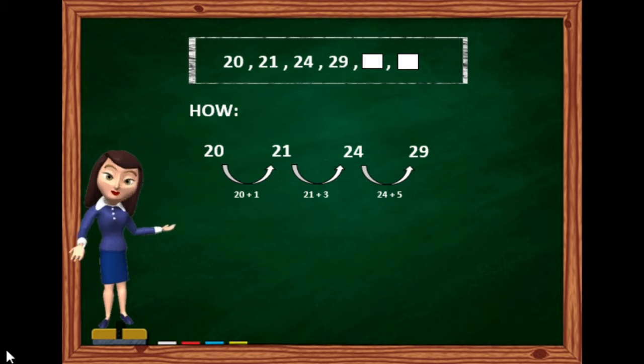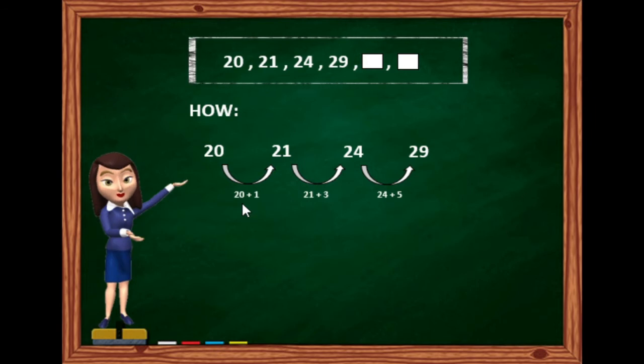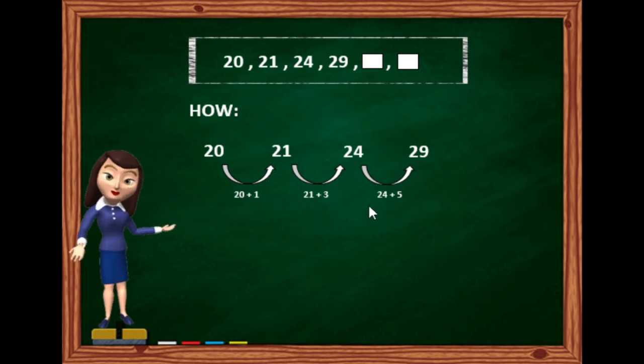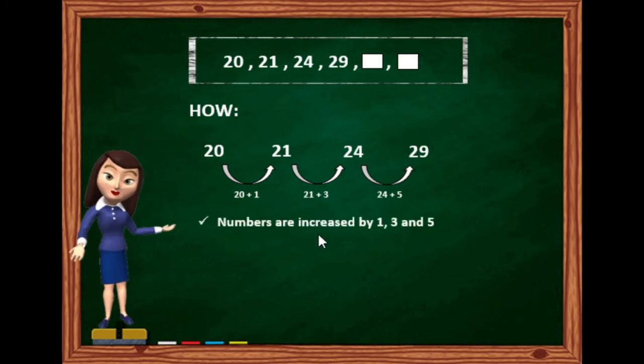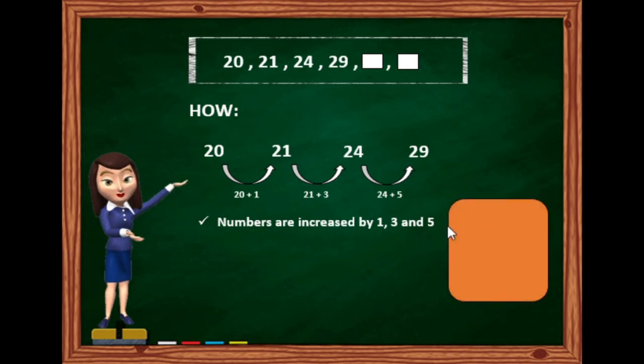You can see the pattern. Each number has been added by 1, 3, and 5. The numbers are increasing, going up by 1, 3, and 5.